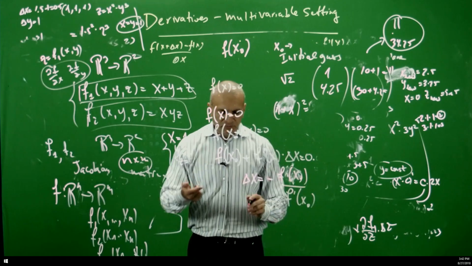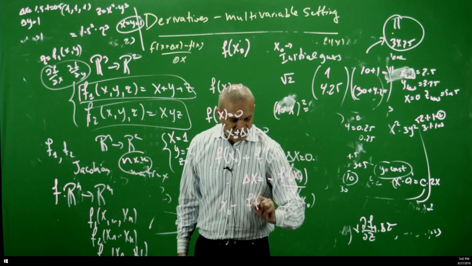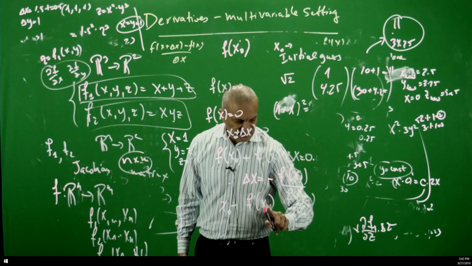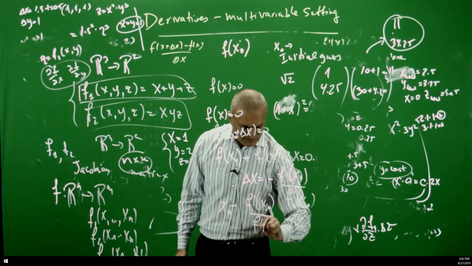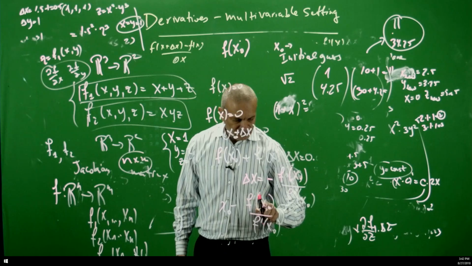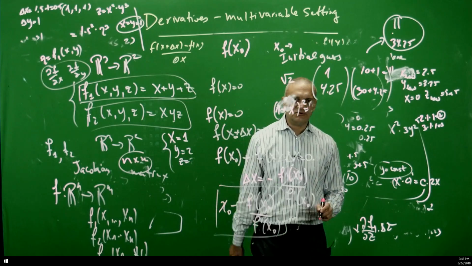So now the new point that you have is going to be x0 minus f of x0 divided by f prime of x0. Right? That's your new point, and this is called the Newton method.